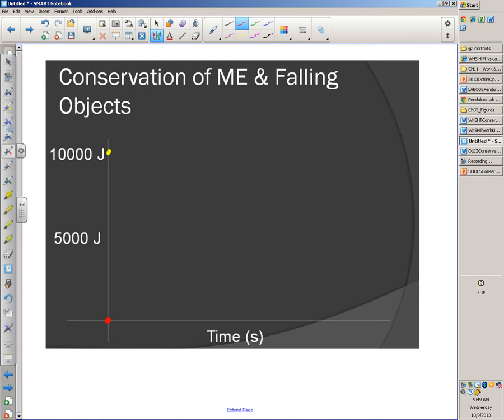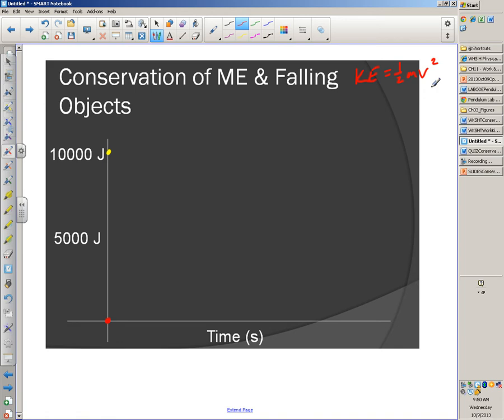Okay? Now, what do we say happens to her kinetic energy as she falls? It goes up. But if we examine that formula for kinetic energy, KE equals 1/2 mv squared, right? Those of us that have taken algebra before, if we have a squared value, what does the graph of a squared value look like?